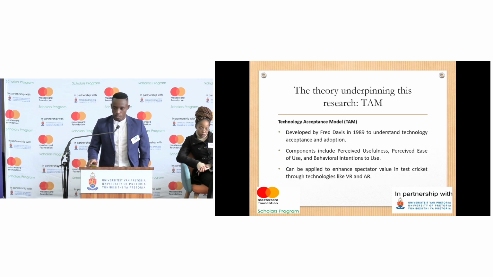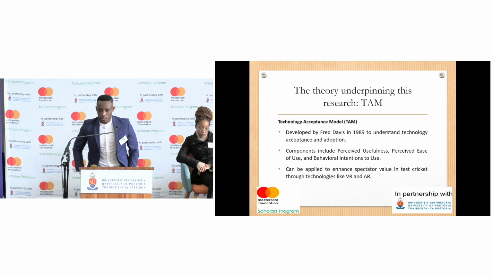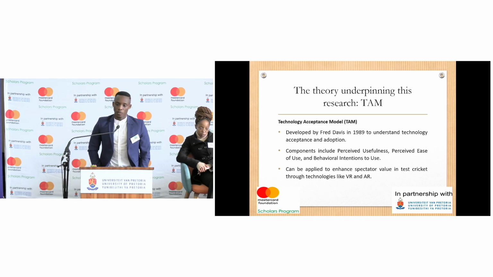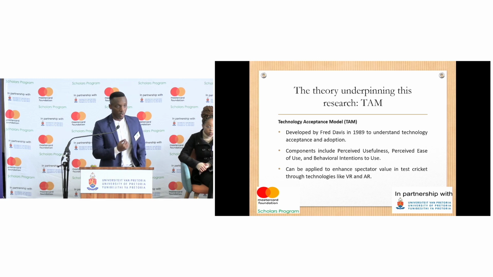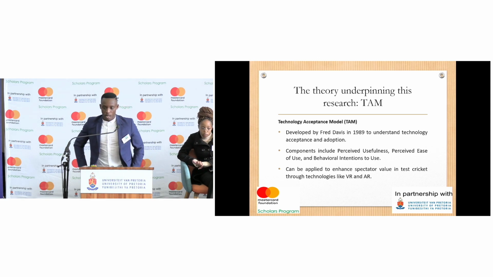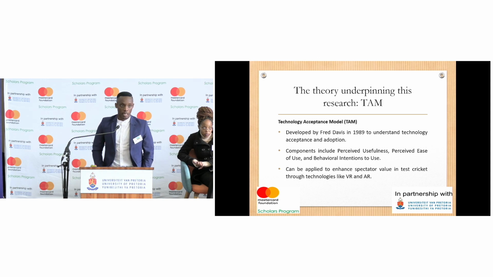So that's that. The theory underpinning this research. The possible theory to use in this research will be the technology acceptance model. This model was developed by Fred Davis in 1989, and it is used to understand how technologies are adopted by individuals.